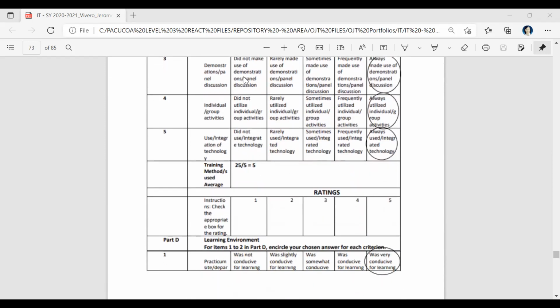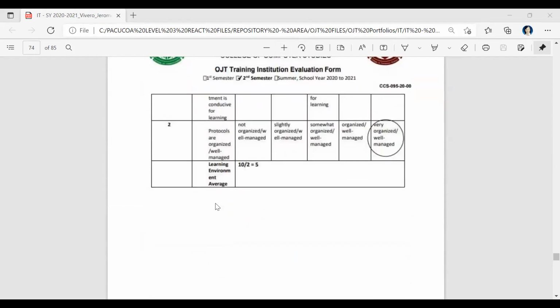Until you're able to, again, sum them all up, and you have, again, the result, which is 5. So there are 4 parts, parts A to D. Okay, so for this, it's 10 divided by 2, which is 5.